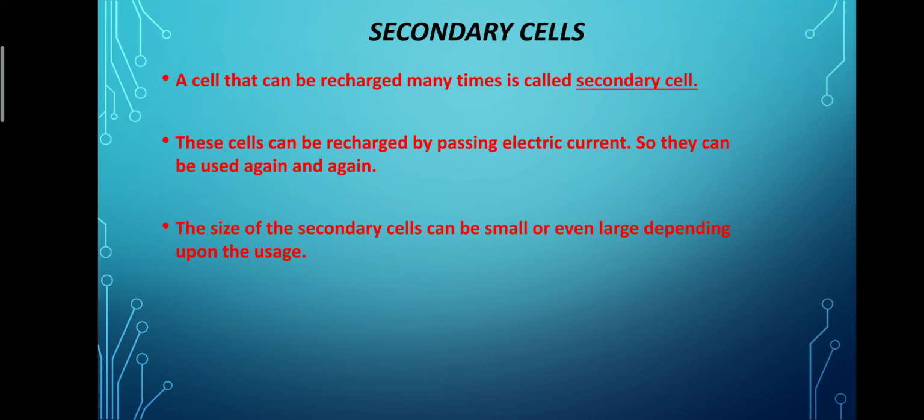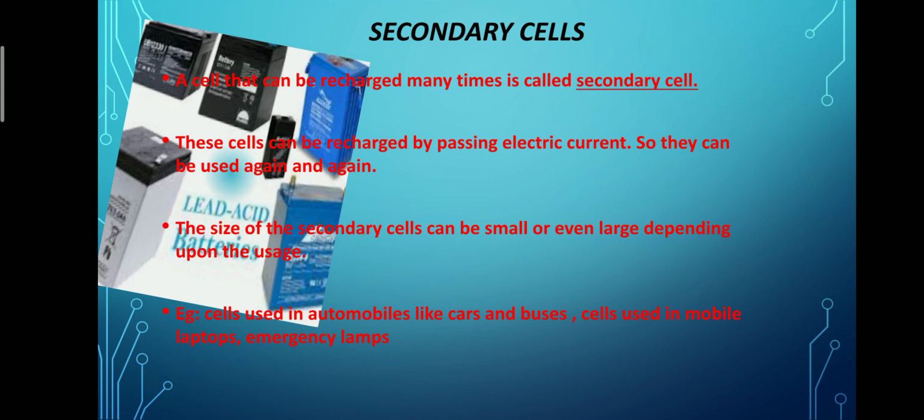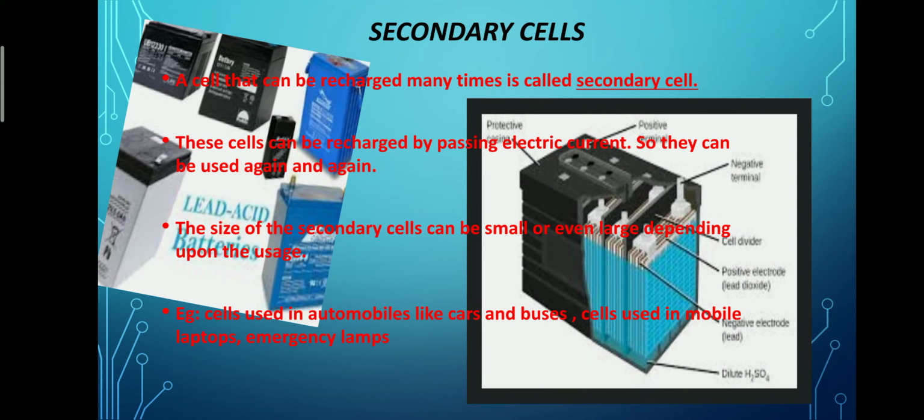In cars and automobiles like trucks and buses, we use larger cells. And in your mobile, laptops, emergency lamp, we use small to normal size cells. Lead acid batteries are an example of secondary cells.